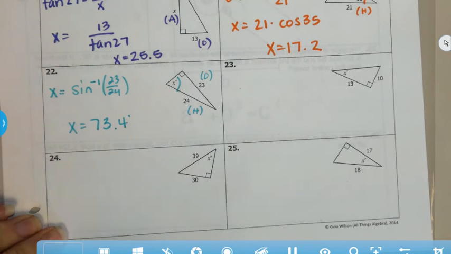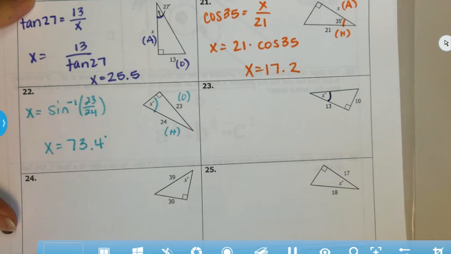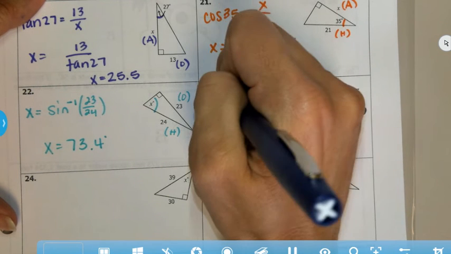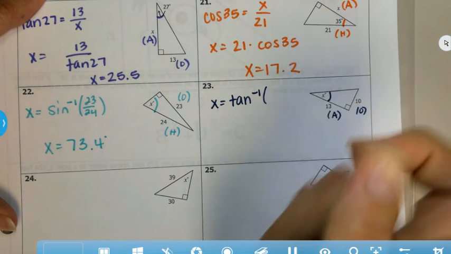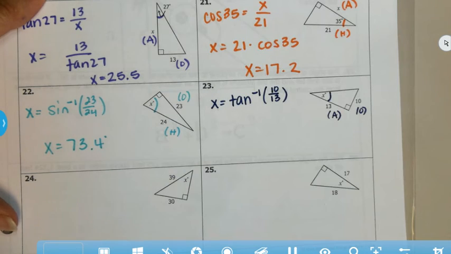All right, go ahead and find the angle in number 23 now. So that's our angle right there. 10 is the opposite side. 13 is the adjacent side, so hopefully we used inverse tangent. So x equals tan inverse of opposite over adjacent, 10 over 13.